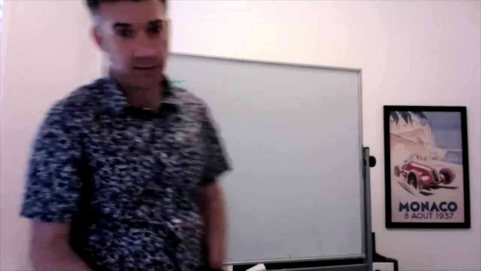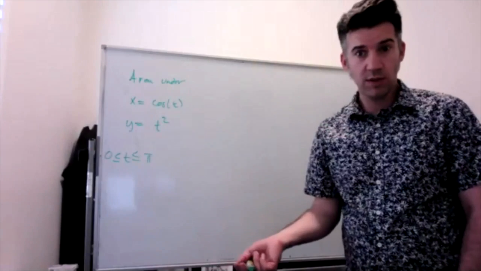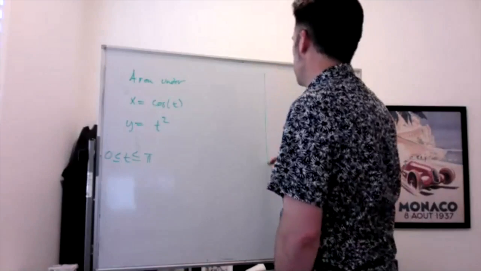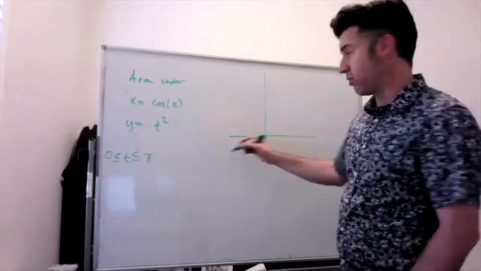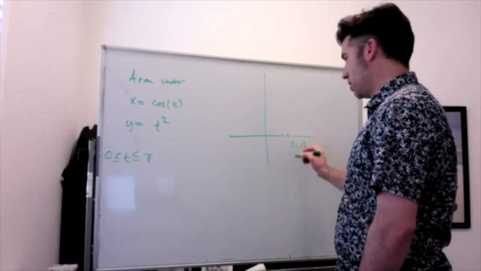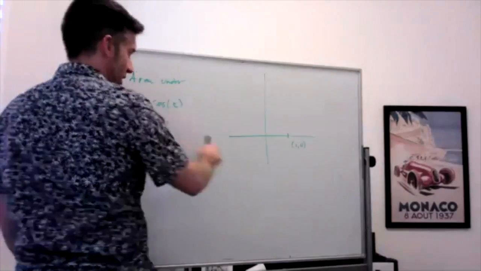Let's graph it. So we know that cosine of 0 is 1, cosine of pi is -1. So the graph of this is going to start, well, at t equals 0, we're going to get the point 1, 0. And then at pi over 2, cosine of pi over 2 is 0, so x is going to be 0.